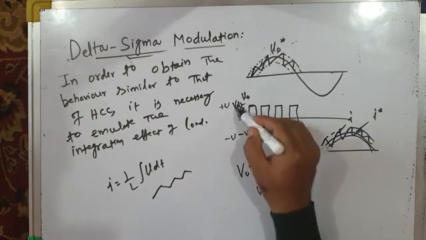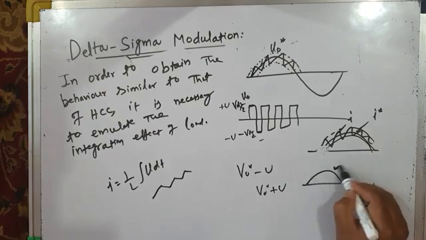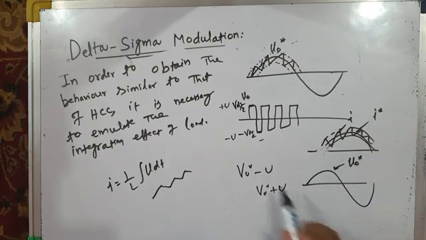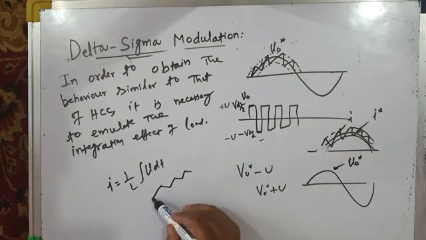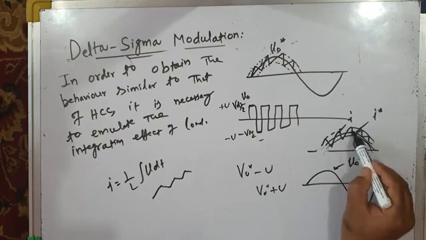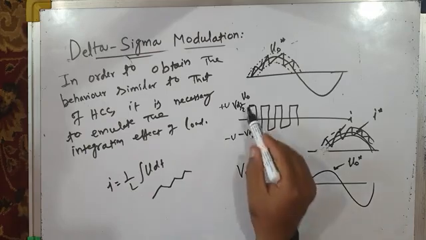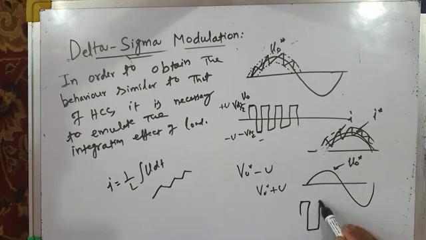That is not the case with direct voltage control. In direct voltage control, you have a reference voltage signal V0 star, and your actual voltage is not like this. It does not have an integration effect like you have in case of hysteresis current control, where the load has an integration effect and the current oscillates like this. Your voltage is discrete like this. It is plus VDC by 2, minus VDC by 2.